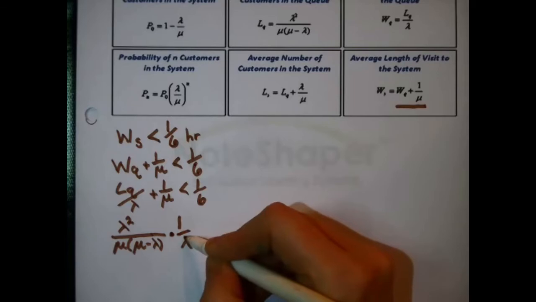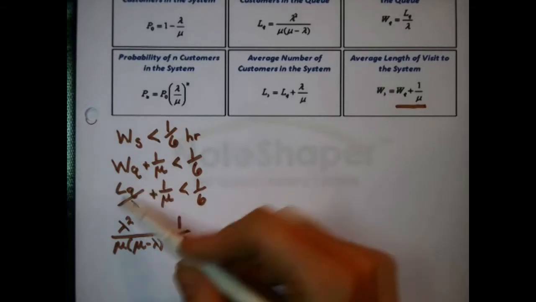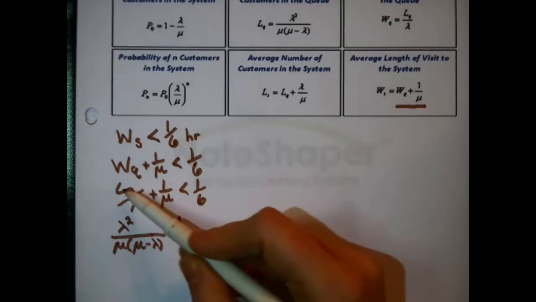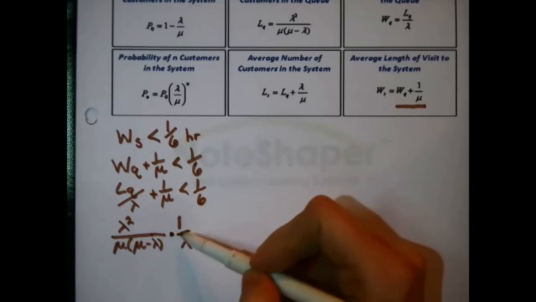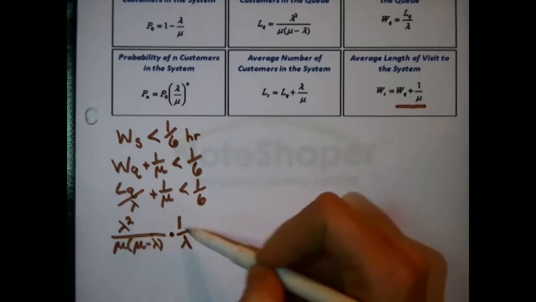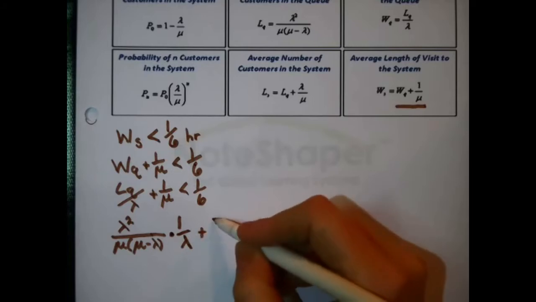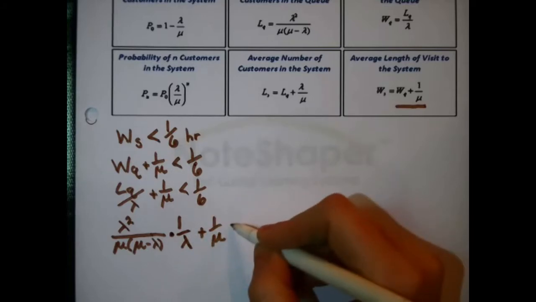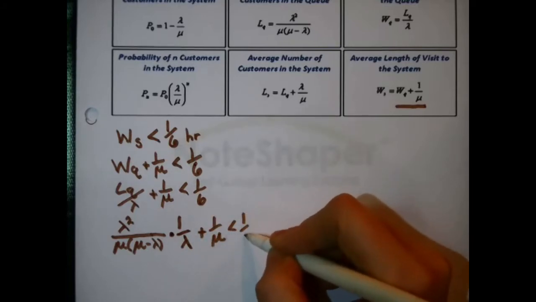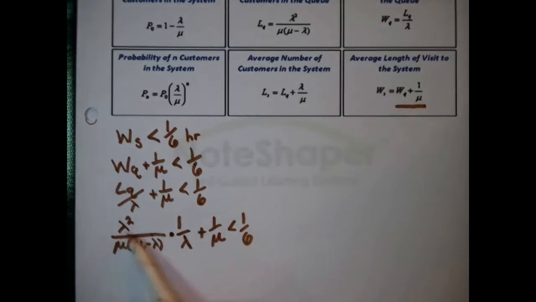Okay? LQ divided by lambda is the same thing as LQ times 1 over lambda. And this is just neater and tidier. The rest of this did not change. And then I realized that this will tidy up because lambda will cancel out.